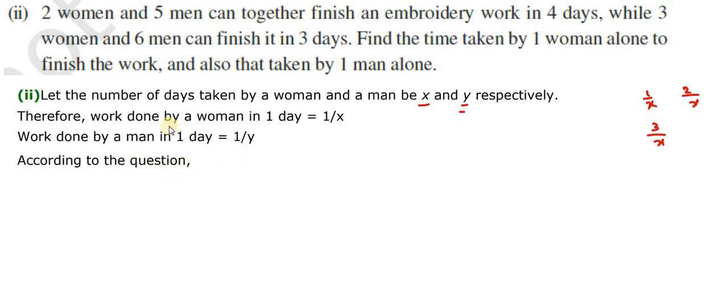Now according to the question, 2 men and 5 women together finish an embroidery work in 4 days. So 2 women, that is 2 times 1 by x, plus 5 men, 5 times 1 by y, in 4 days.